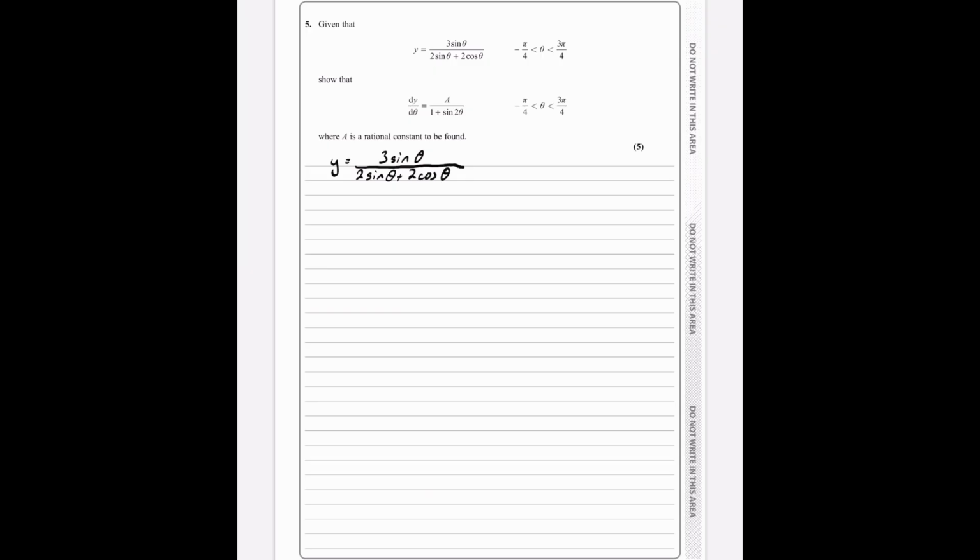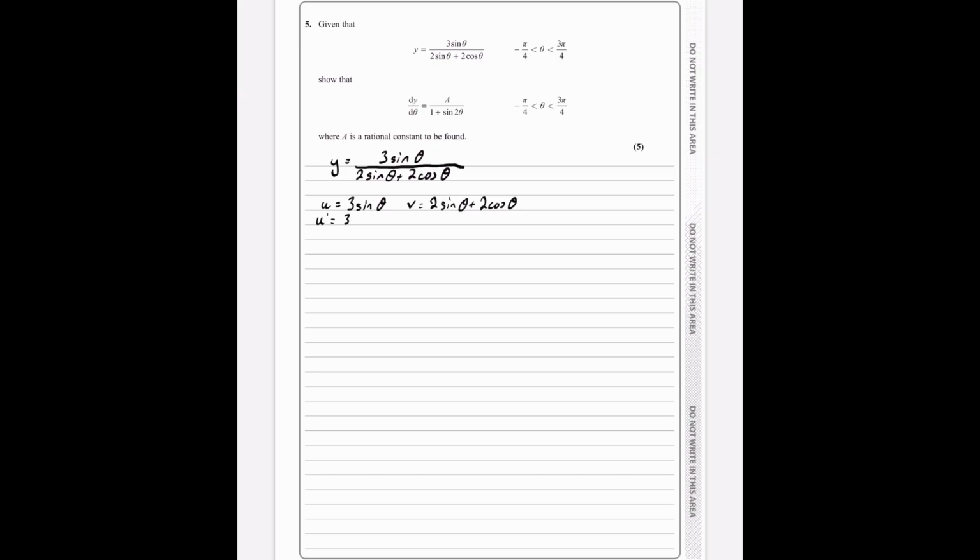So with the quotient rule, we assign the numerator to be our u and the denominator to be our v. And then I'll do a little helpful differentiating of u and v before jumping into the quotient rule.